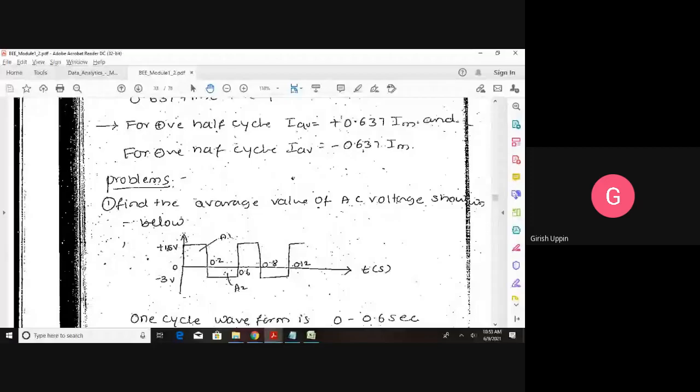At 0.2, the voltage reverses its direction and is minus 3 volts for the next 0.4 second, that is 0.2 to 0.6 second. This is the complete one cycle, and the same thing repeats again.